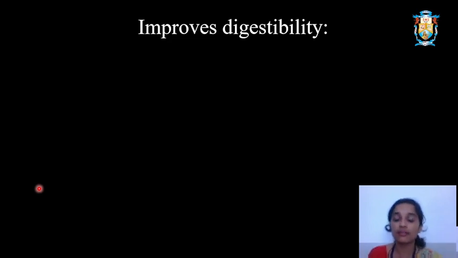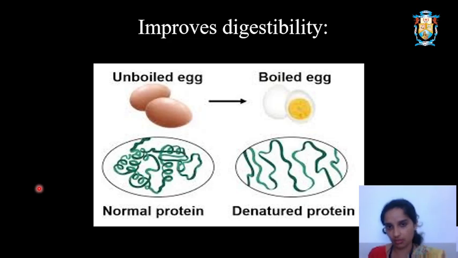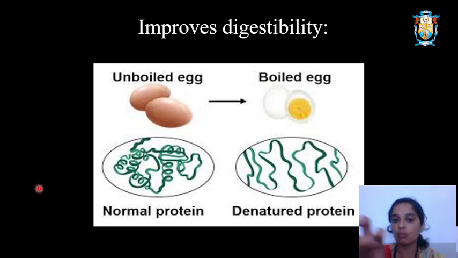For example, as I gave, cooking the egg. Okay, cooking the egg. You can see here unboiled egg and also the boiled egg. You can see here the proteins. Okay, these are the normal whole egg if you say. The raw egg if you take, the proteins will be coiled. There won't be any changes. And once it is cooked, okay, when you apply heat, what happens? There will be changes in the food. The previous picture you have seen the coagulation of the proteins.